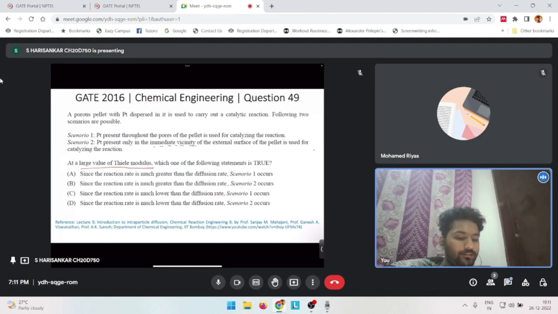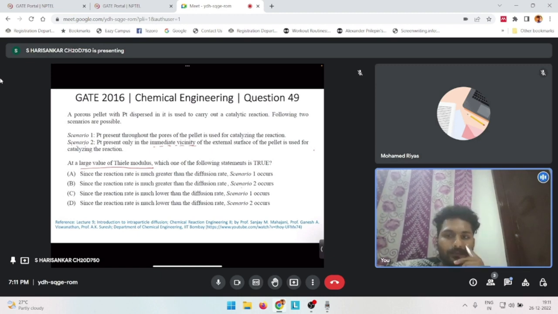So the platinum is present only in the immediate vicinity of the external surface of the pellet used for catalyzing the reaction. So scenario 2 will happen here because of the large value of the Thiele modulus. And because the Thiele modulus is very large, your internal diffusion is rate limiting. So that means your reaction rate is much greater than the internal diffusion rate.